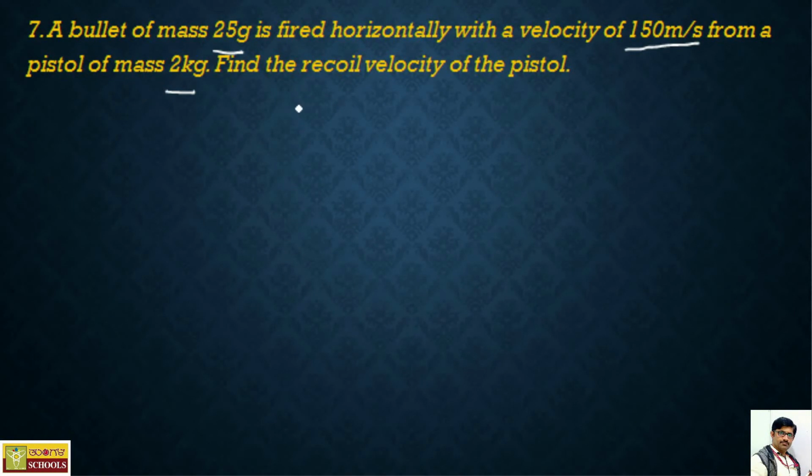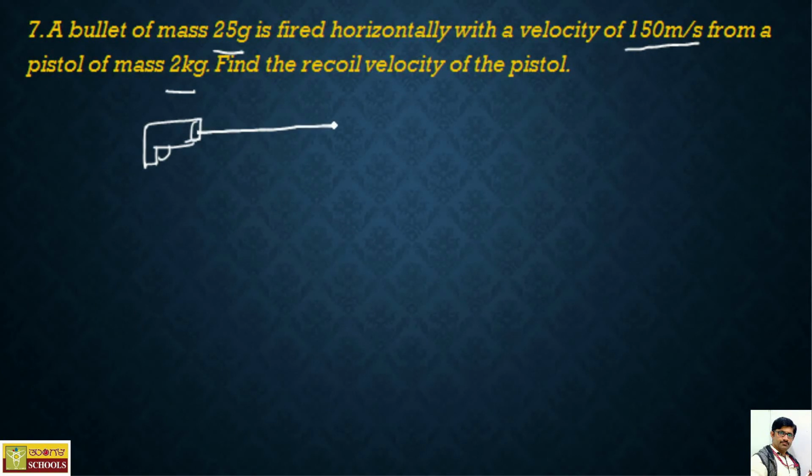Recoil velocity means the velocity of the pistol after firing. Assume this is a kind of pistol. I am not a good artist anyway. We all know that it has a bullet in it.